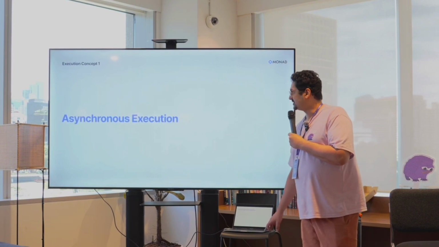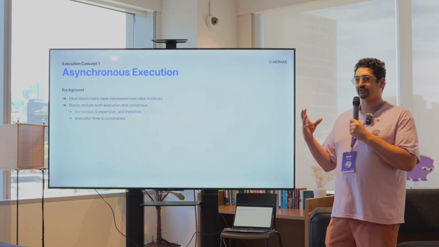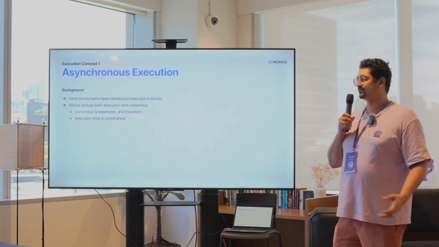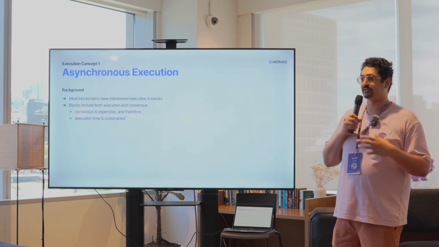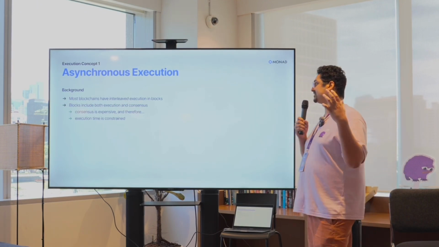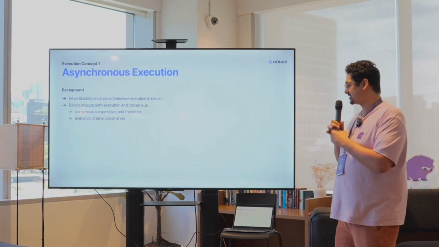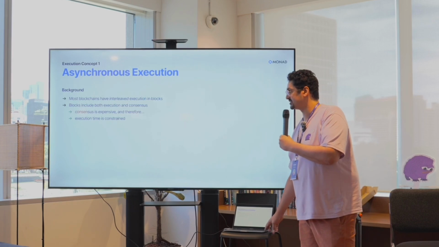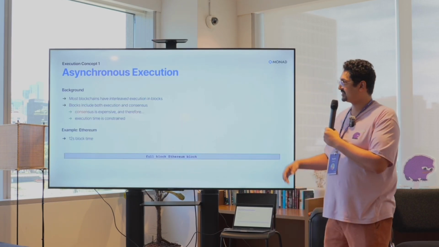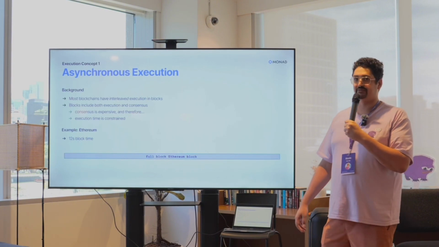And in order to do that, we kind of have to look at how most blockchains work today. And this is through something called interleaved execution. So this is really the opposite of asynchronous execution. So what is interleaved execution? It basically means execution and consensus are done in tandem within a block time. So for Ethereum, it has a 12-second block time.